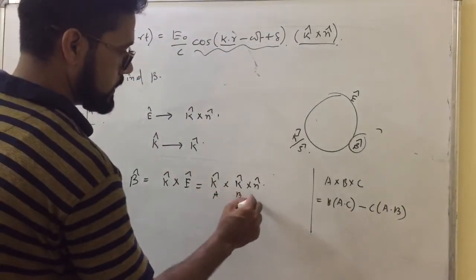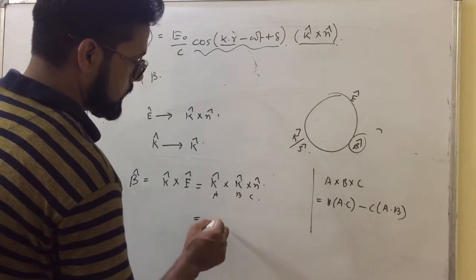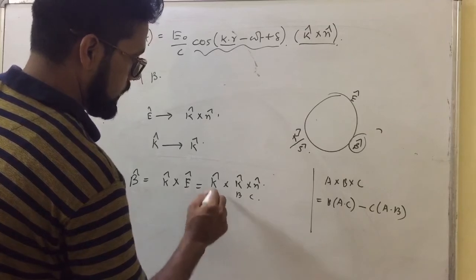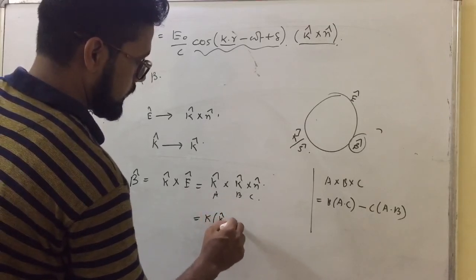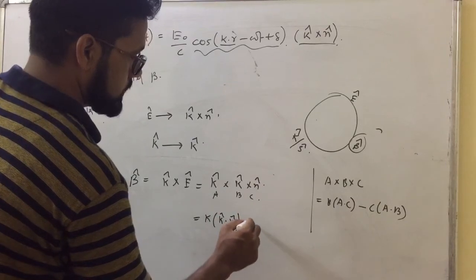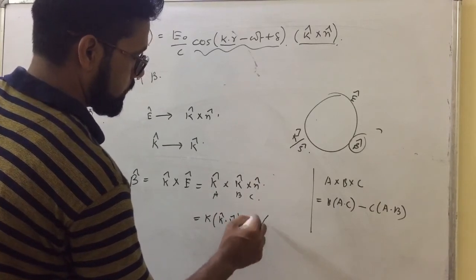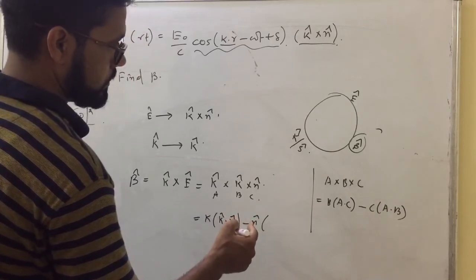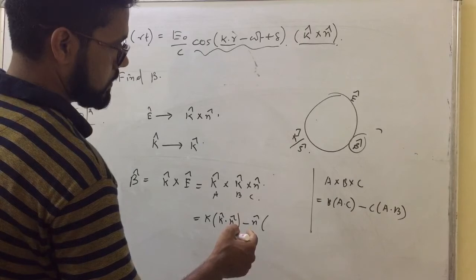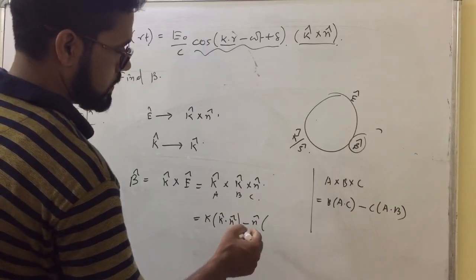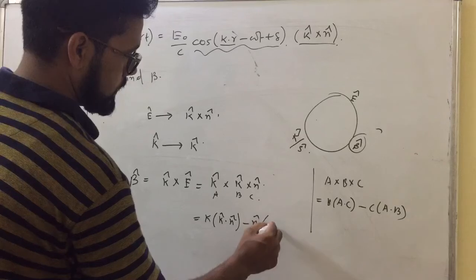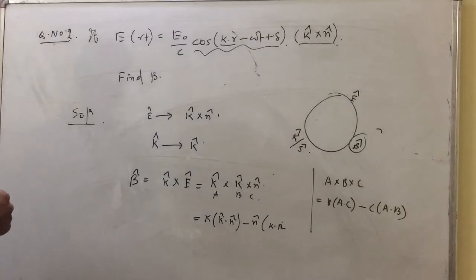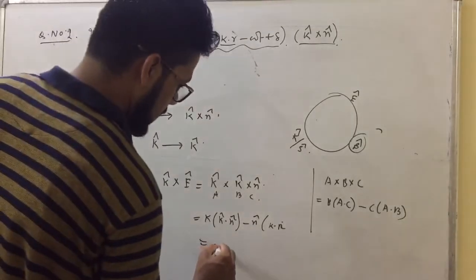Then you will find, with a equal to k cap, b equal to k cap, and c equal to n cap: k cap (k cap dot n cap) minus n cap (k cap dot k cap). Okay, so finally you will get minus n cap.